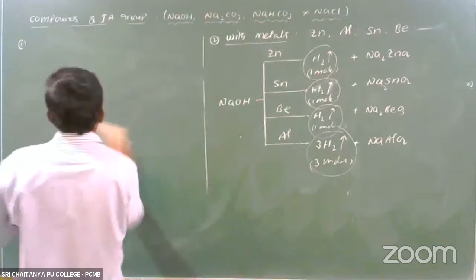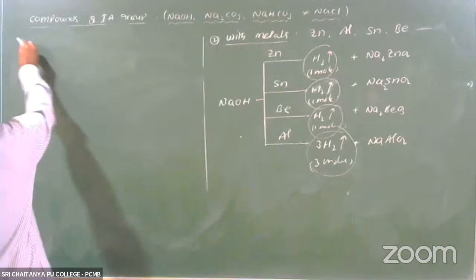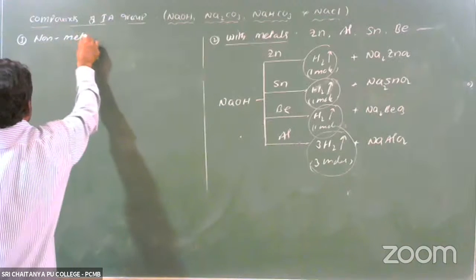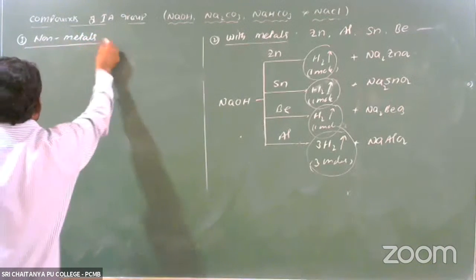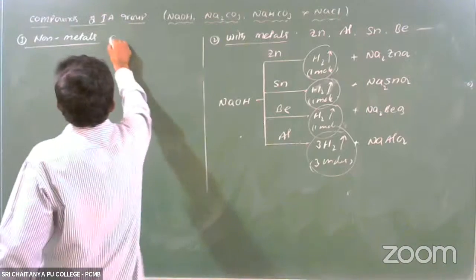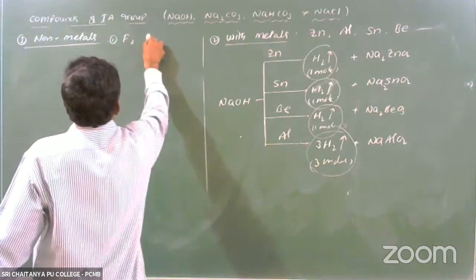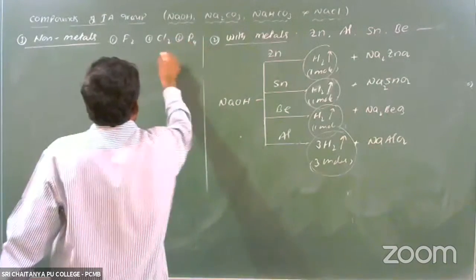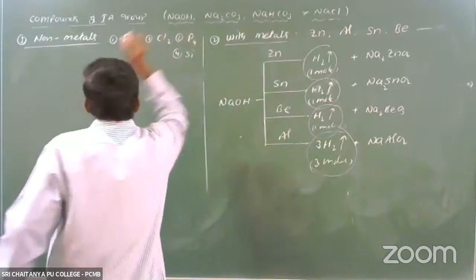The next one, third one, is with non-metals. With non-metals means first one with fluorine, second one with chlorine, third one with phosphorus, fourth one with silicon.